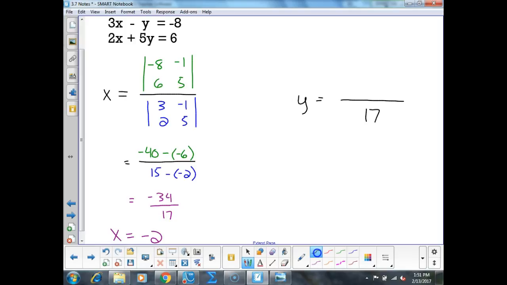I already know that the denominator is 17, because it's the same denominator as it was in the last one, for x. So I've already calculated it once, no need to calculate it again. So I take that denominator matrix. Now instead of replacing the 3 and the 2 with the numbers, I'm going to replace the -1 with -8 and the 5 with 6.